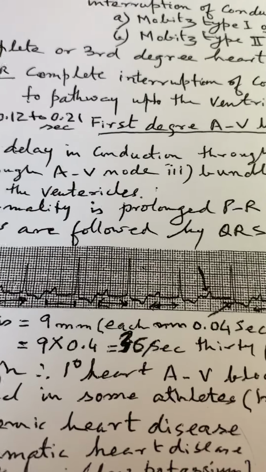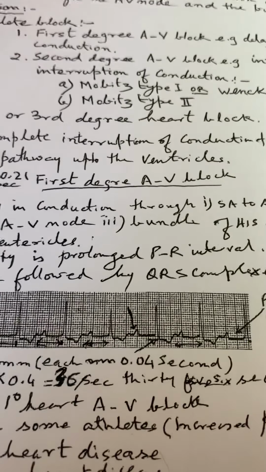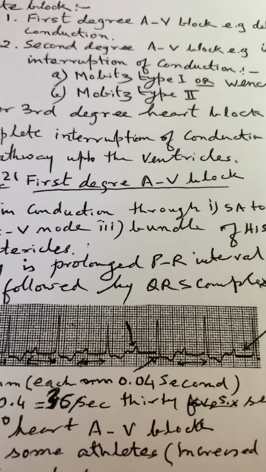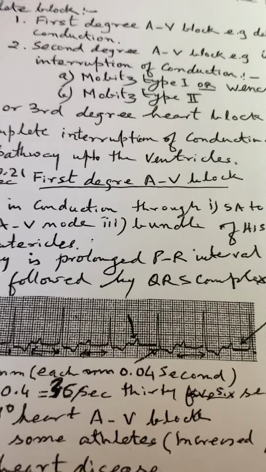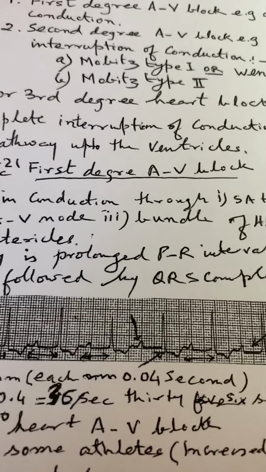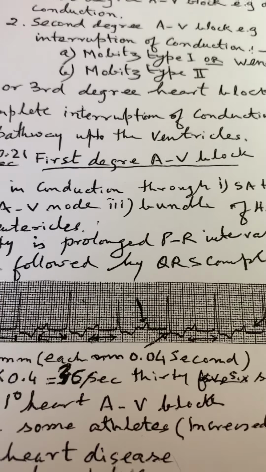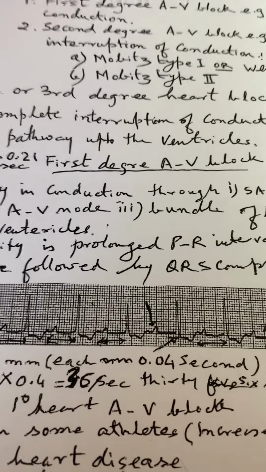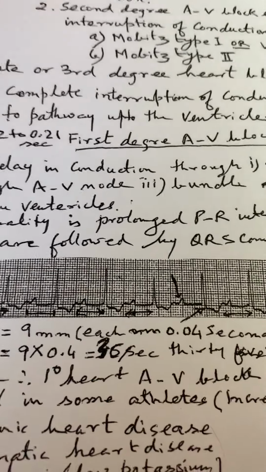So 9 multiplied by 4 gives you 36, that is 0.36 second. So this is larger, more than 0.12. So there is a first degree heart block.